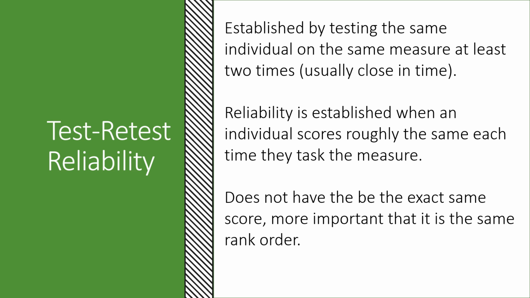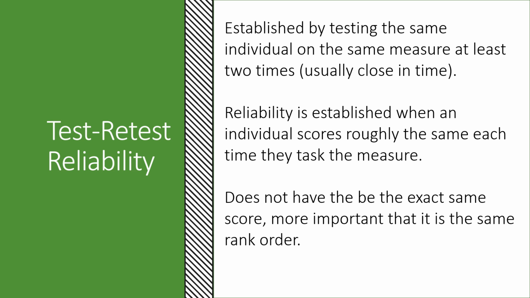We usually want this close in time because if you spend too much time between testing instances, things could potentially happen that might alter their score. Test-retest reliability works under an assumption that nothing has changed. Personality measures and IQ measures are thought to be consistent over time, and in these cases we would still try to test close in time, but we wouldn't worry so much about it.